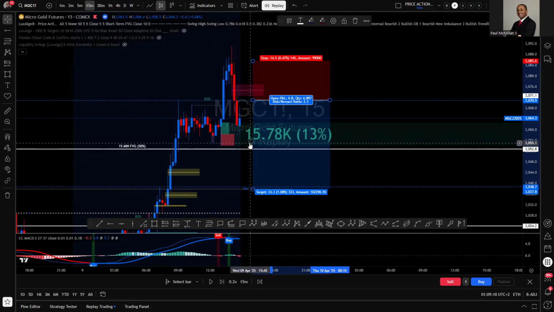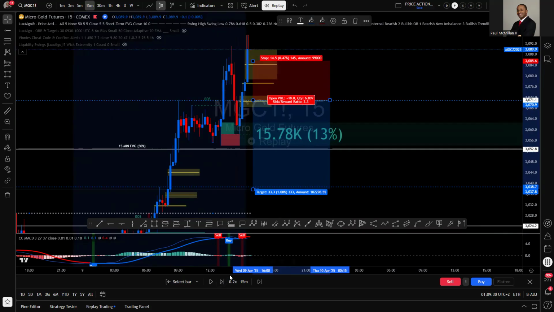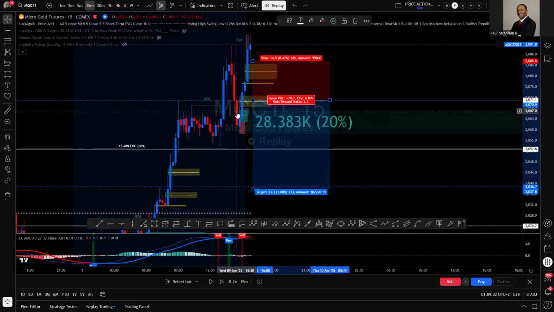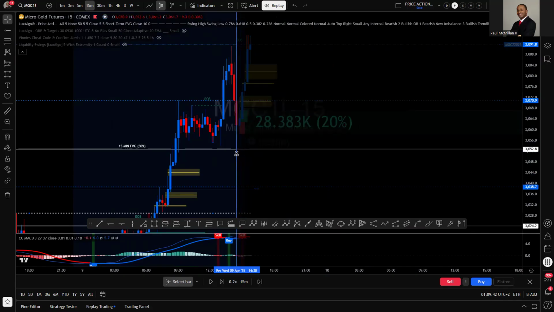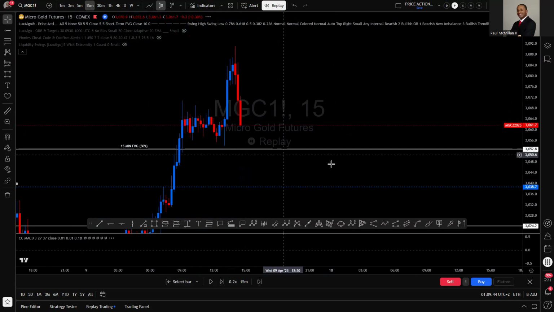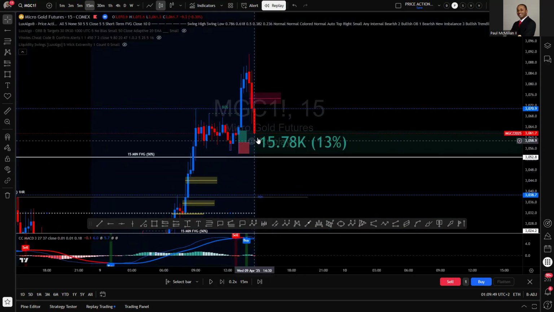So if you took this trade, you probably would have either exited out here or continued to hold it, but I think it's going to sell. Yeah, this makes sense. So you could have taken that trade out of here, more likely exiting in here because you saw this order block. And then in this situation, you enter out here, probably right here.